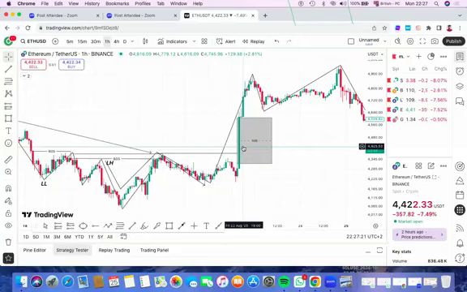Okay? For you to spot your imbalance, the last time we talked about imbalance, I gave you a clear definition, and we are still going to talk about and emphasize it in our next classes. Okay? So we said for you to have an imbalance, you have to first spot your institutional candle, and this is your institutional candle. And for you to have your institutional candle, you have to have 3 Marubozu candlesticks, okay?